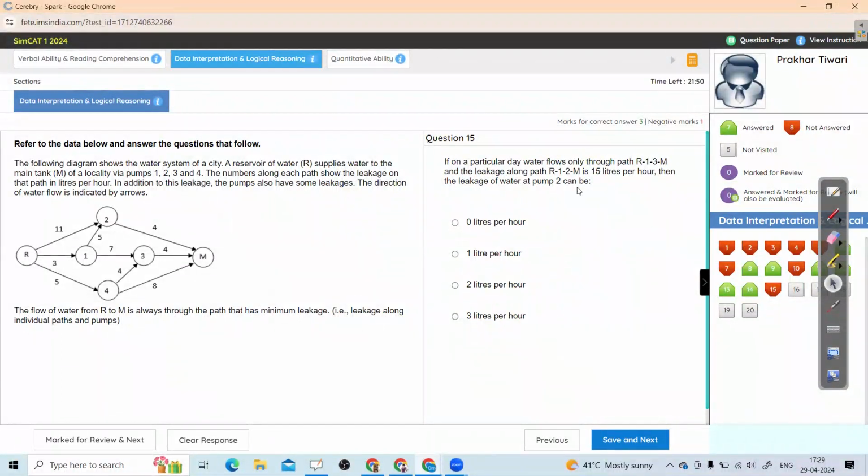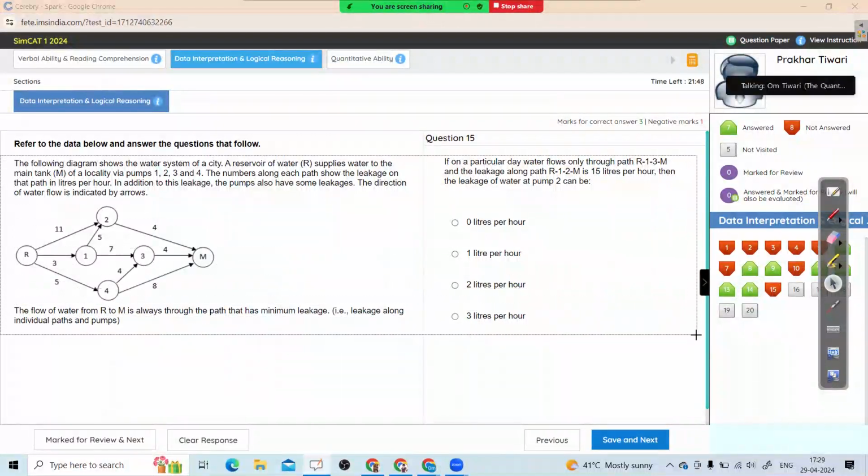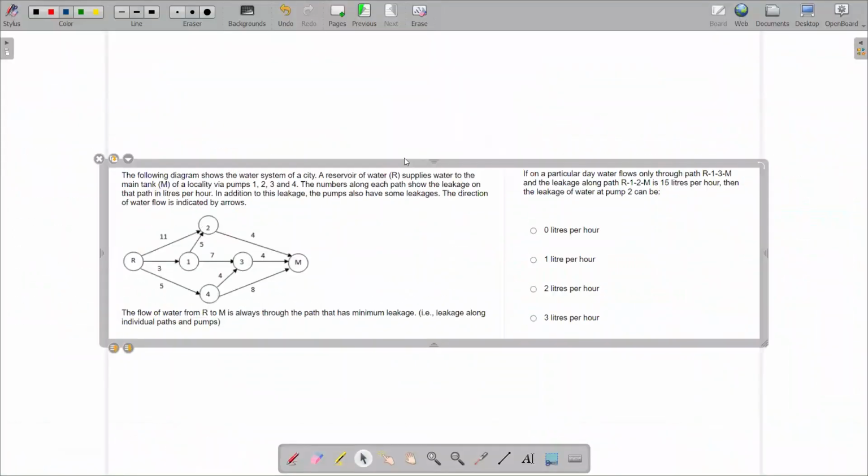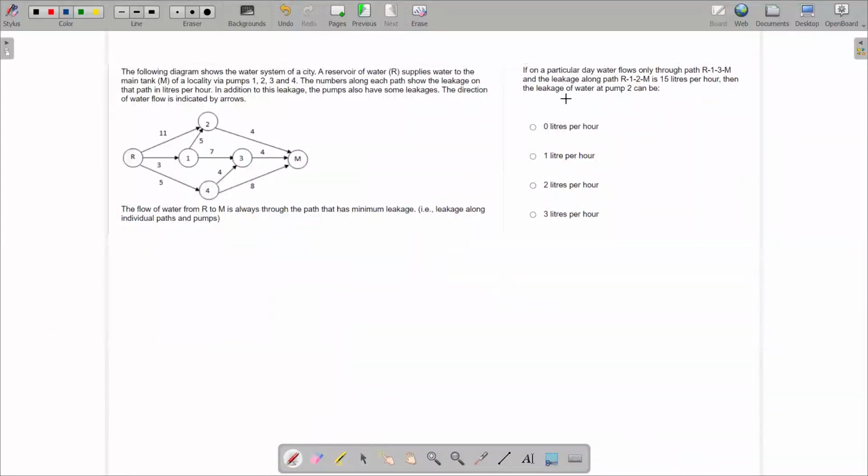This one, if on a particular day, water flows through path R13M and the leakage water flows through path R13. Okay, so this is the path followed by water. Remember there's one part given: the flow of the water from R2M is the path that has minimum leakage.